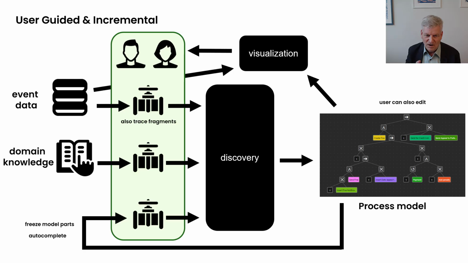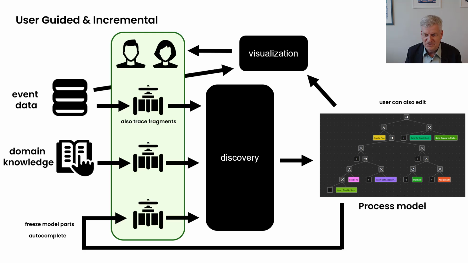So one element is user guidance. The other element, which is very different from traditional discovery, is that when you do discovery, you can again use the process model as input. And that's what you see here at the bottom. So you don't start just from event data, you start from a process model, and you combine this process model with event data to get a better model.